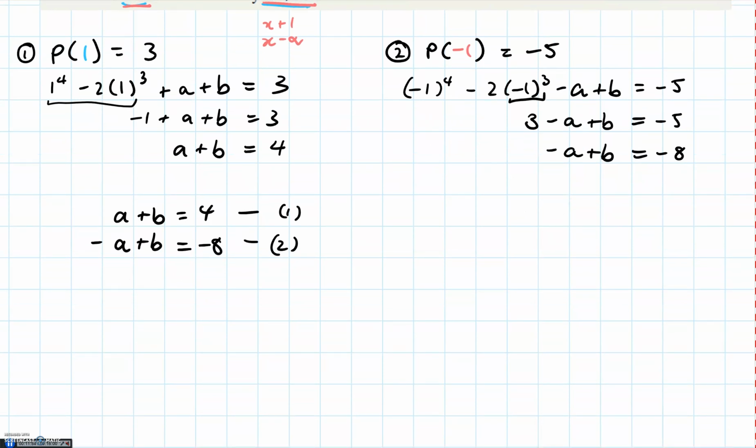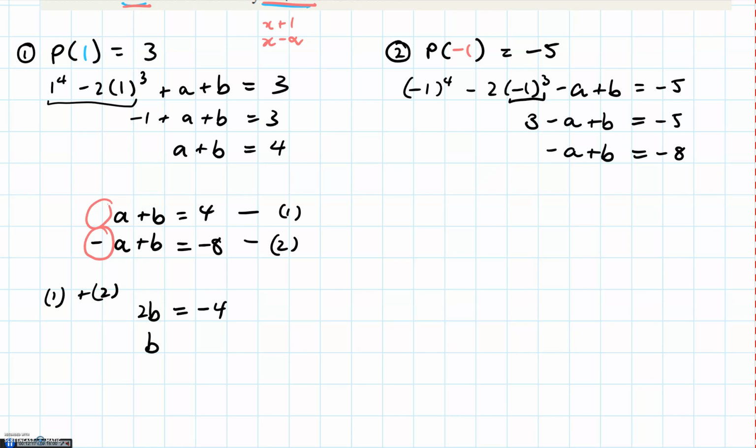Now, if you notice, we've got a positive a and a negative a. So I'm going to add the two equations together so that the a's cancel out. So I'm going to add equation 1 and equation 2. So the a's will cancel out. So the 2b is equal to 4 plus minus 8 gives me negative 4.